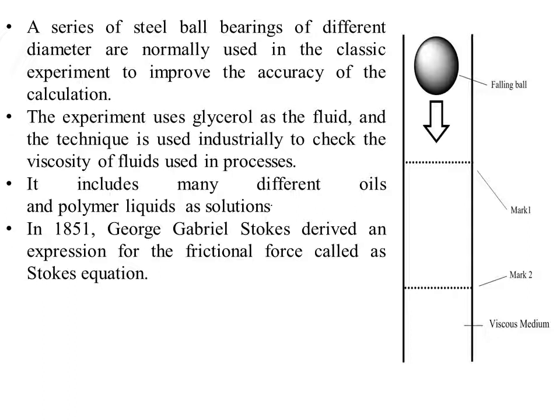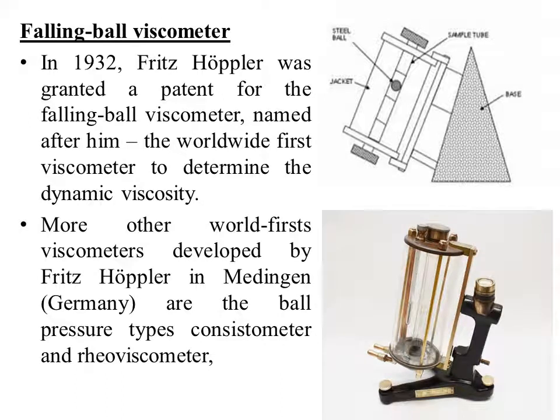First calibration will be done and then you will use any other liquid. It includes many different oils and polymer liquids as solutions. This was found by George Gabriel Stokes in 1851, and he derived an equation for the frictional forces called the Stokes equation. You might have studied the Stokes equation in your previous classes.